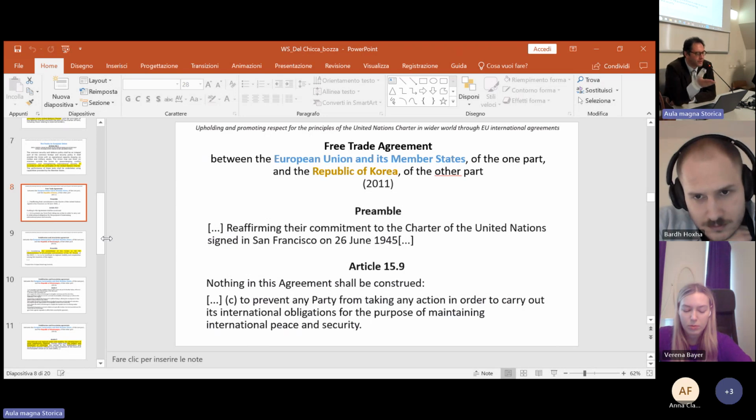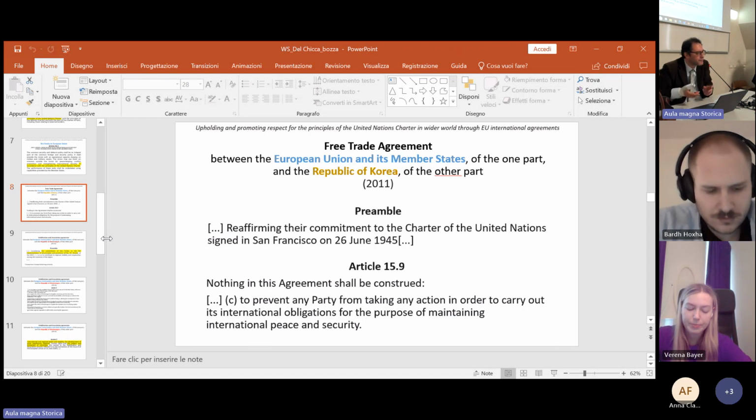Why? Why have the European Union and the Republic of Korea provided that? We have the principles of the Charter of the United Nations that impose obligations on the states, so why do the European Union and the Republic of Korea wish to underline or reaffirm it in some way in this agreement? Do you have an idea of this?